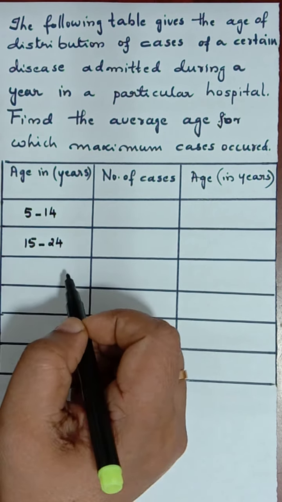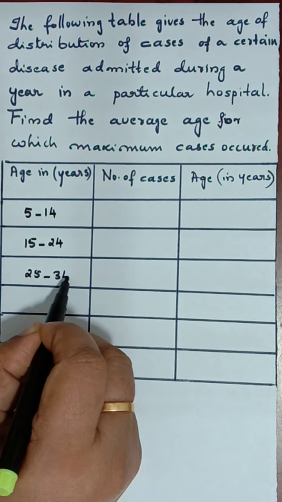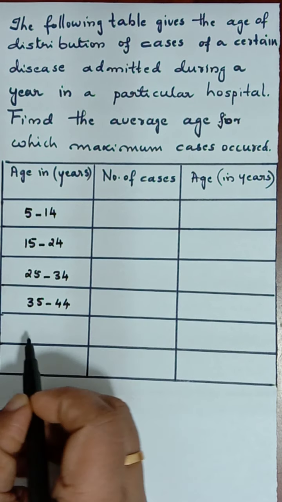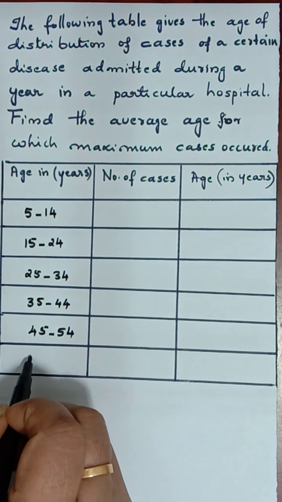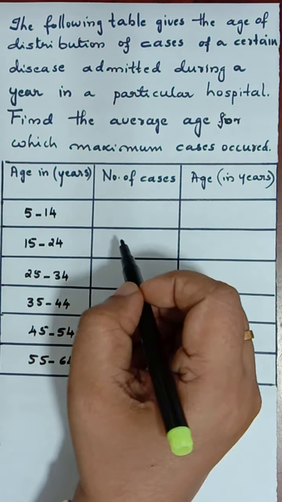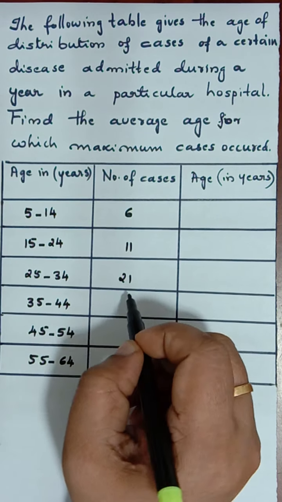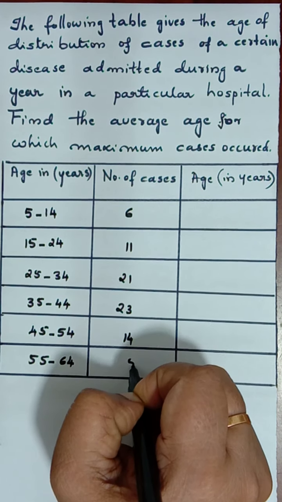That is how they have given the table. 15 to 24, then 25 to 34, then 35 to 44, then 45 to 54, 55 to 64. Frequency is also given to us: 6, 11, 21, 23, 14 and 5.